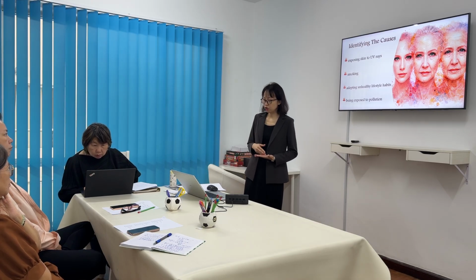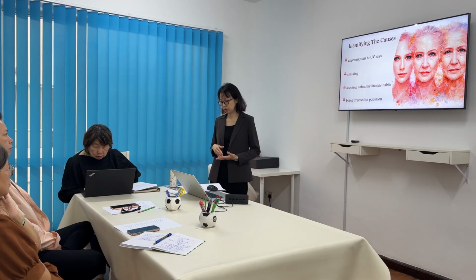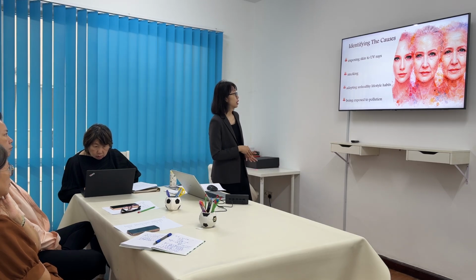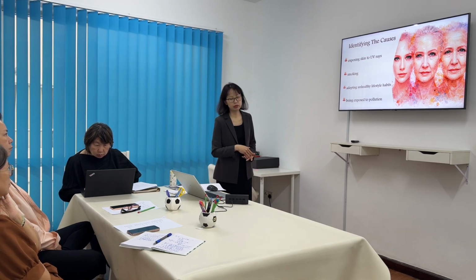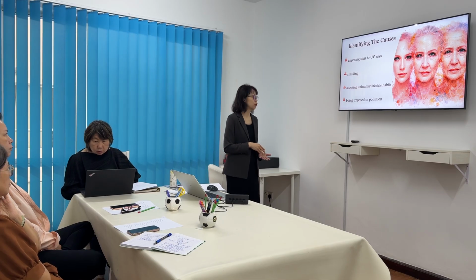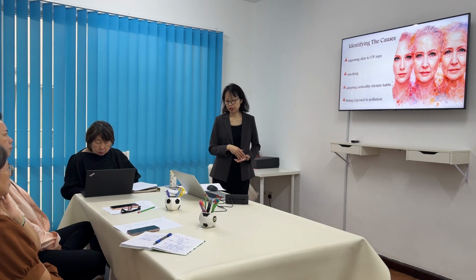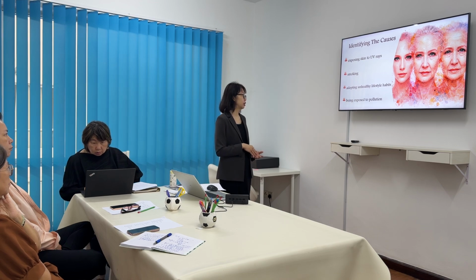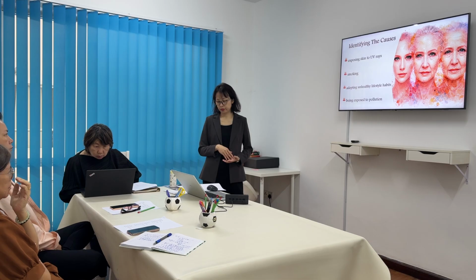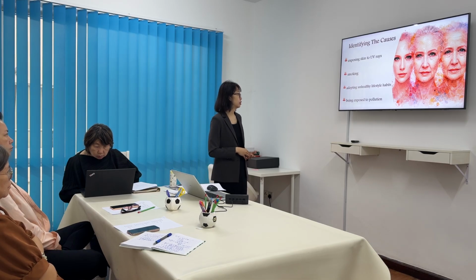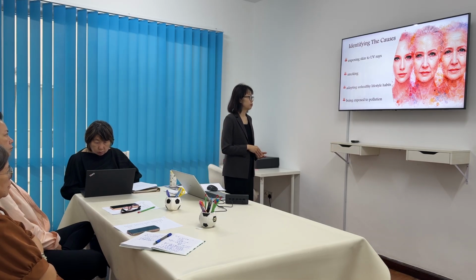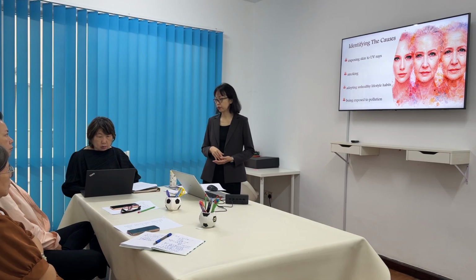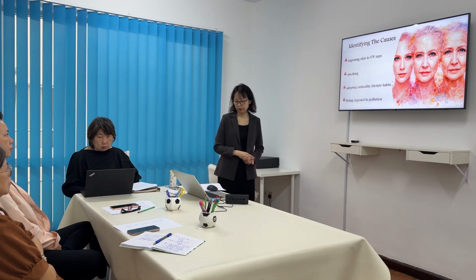So extrinsic aging is mainly driven by four major categories. Firstly, exposing skin to UV rays, UV exposure. Secondly is smoking. Thirdly is adopting unhealthy lifestyle habits and behaviors. And lastly is being exposed to pollution and toxins.